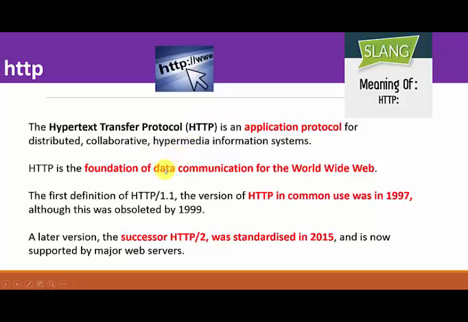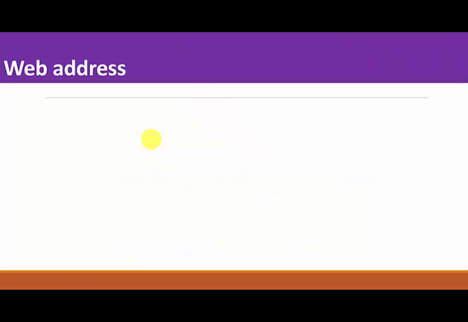And that is the heart of the matter for communicating on the World Wide Web. The first version of it was defined in 1997, HTTP 1.1, which is now obsolete. And now we have the successor, HTTP/2, which was standardized in 2015. So if you see HTTP, it is Hypertext Transfer Protocol. Make a note of it, because it may be an item in the multiple choice question for this course.